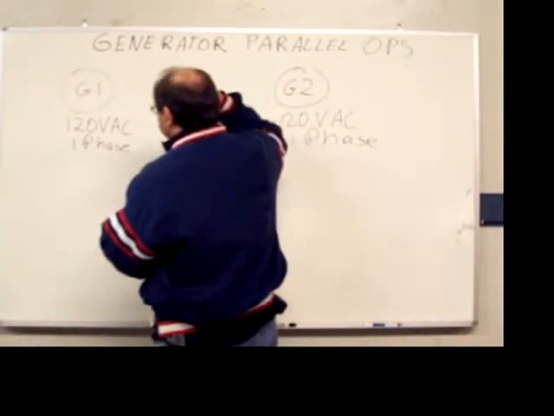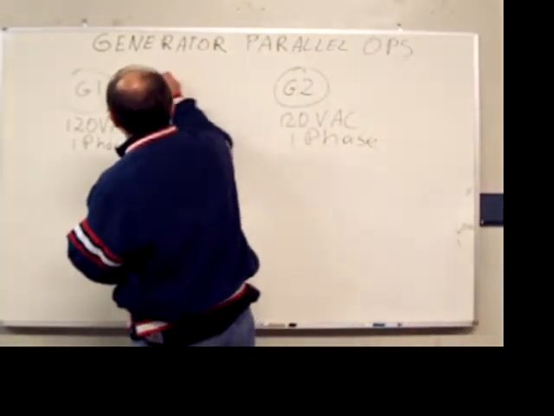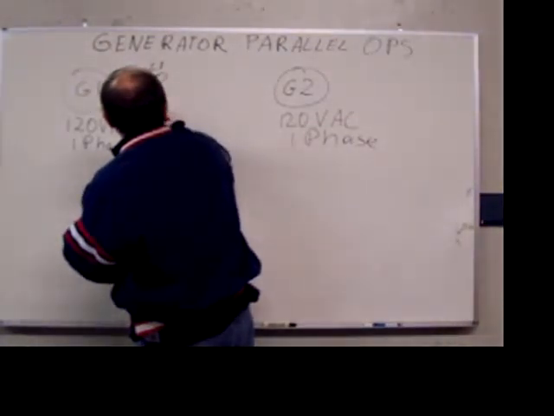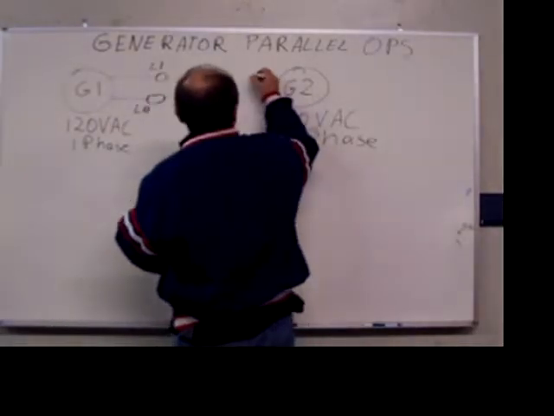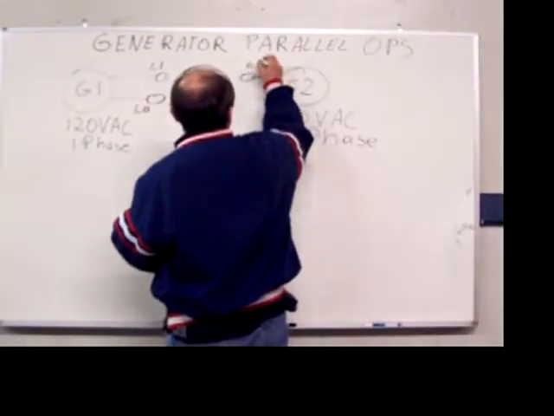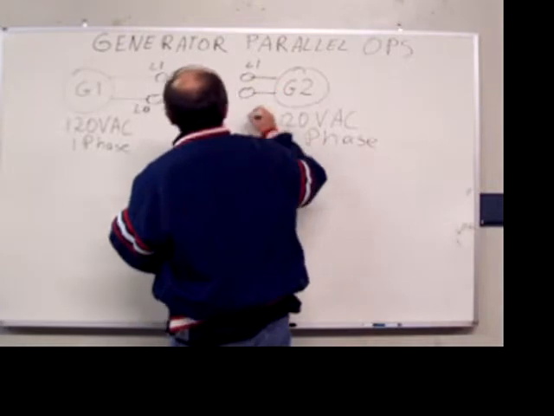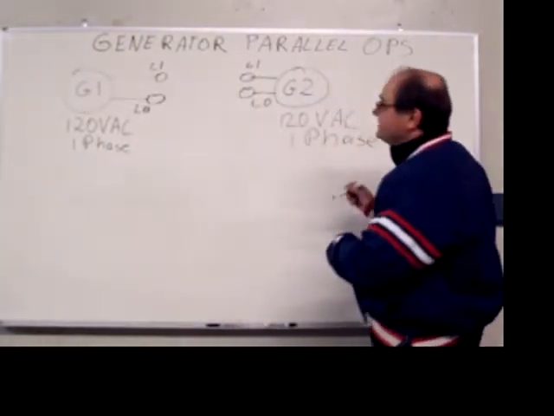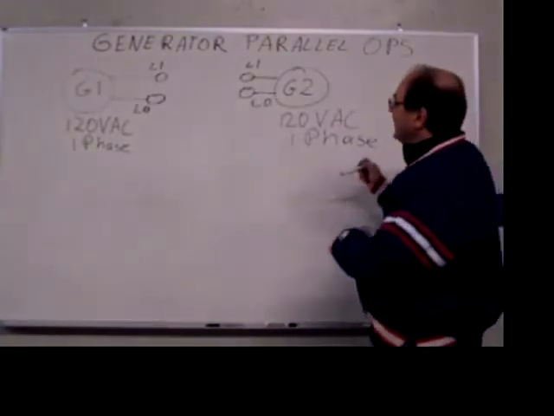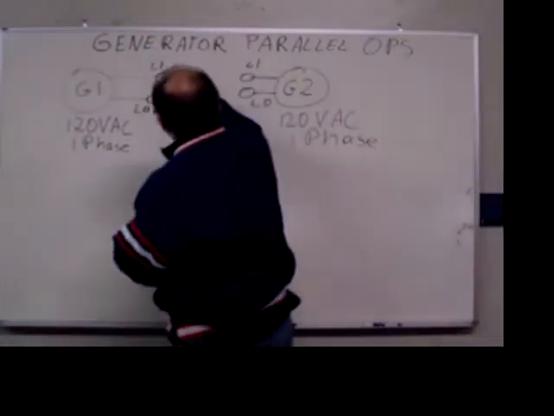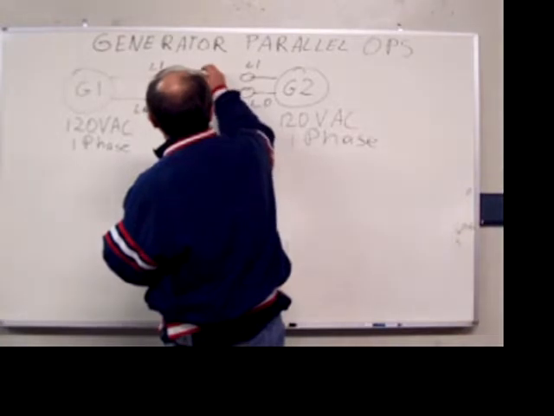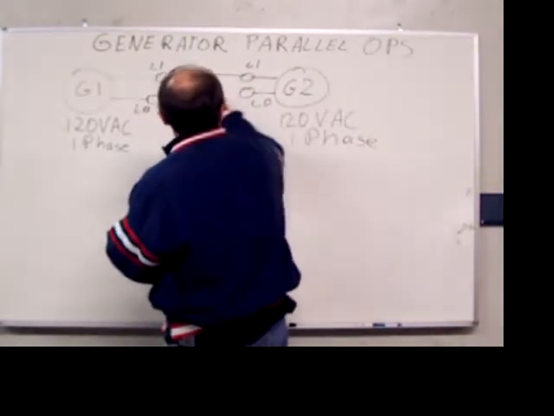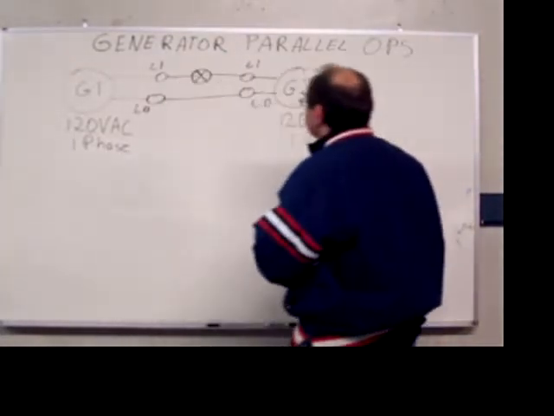So now what the guy basically did is you're going to have L1 here, and you have L0, which is this terminal here, and then you have L1 on this generator, and this is L0. Now he used the two 5 kilowatt units, the OO2s, OO2A, and what he did is basically he put a light bulb between these two phases, and he connected those straight together.